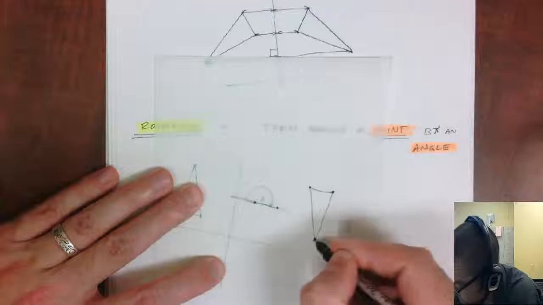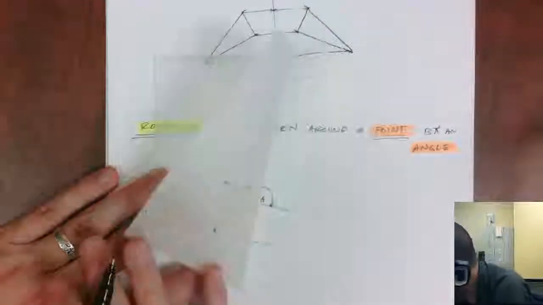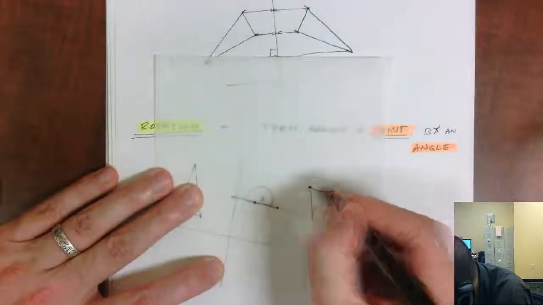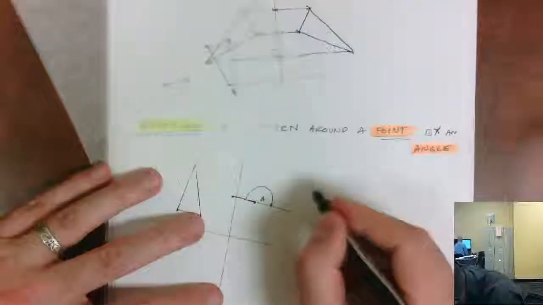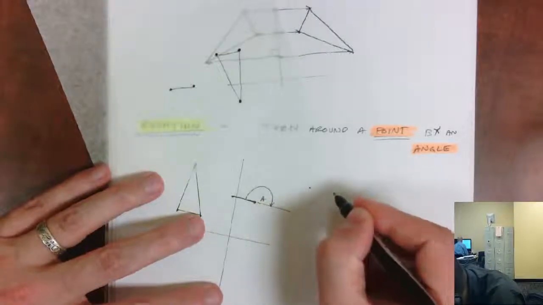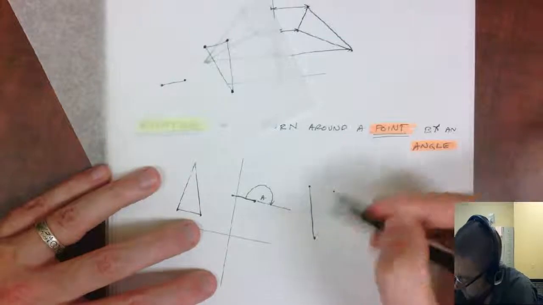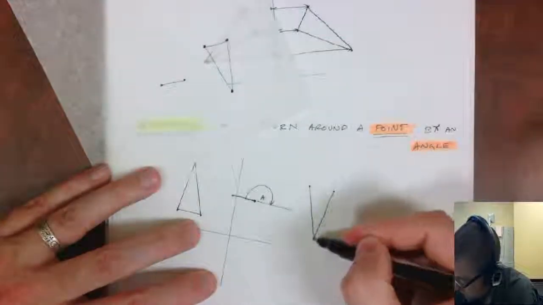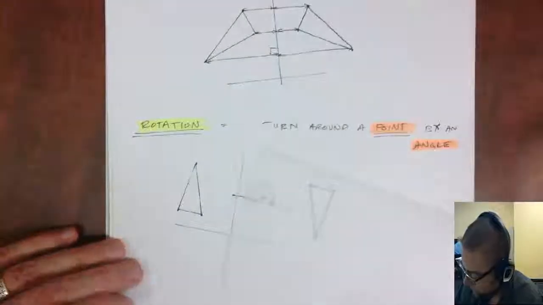So I just make my 3 points. I have to do it a couple times. There we go. And there is my new shape that has now been rotated 180 degrees. Same size, same shape, it's just changing direction.